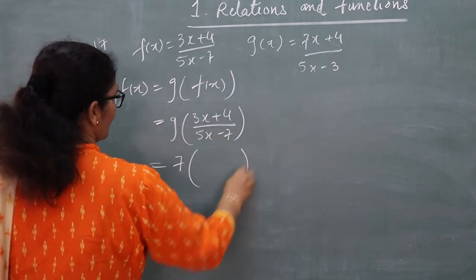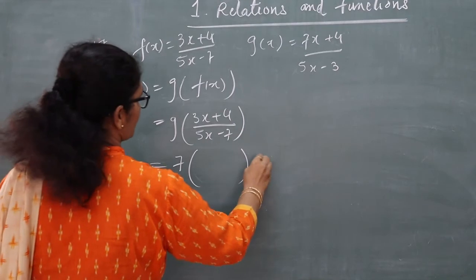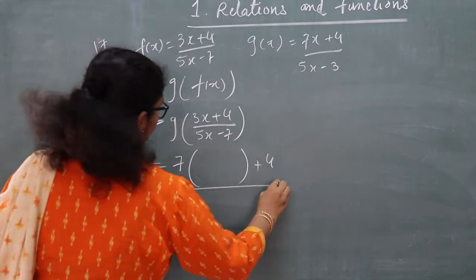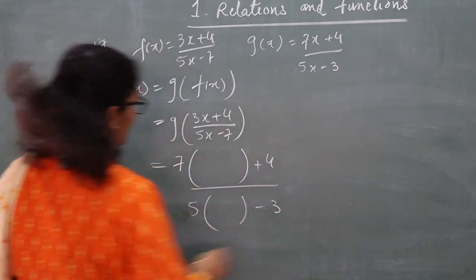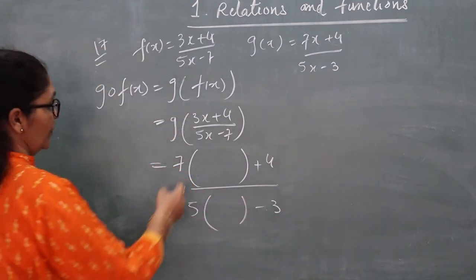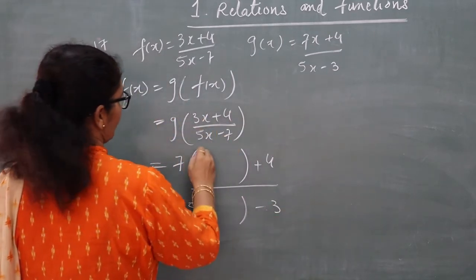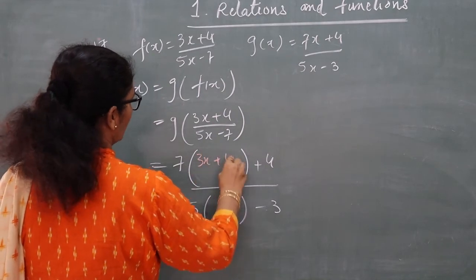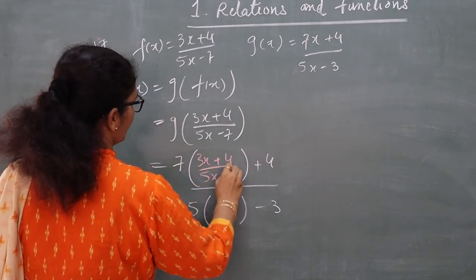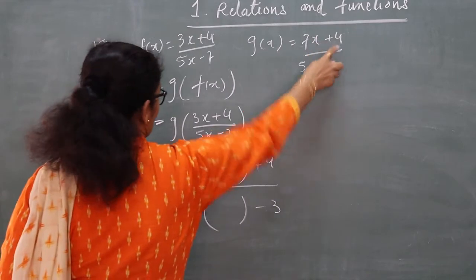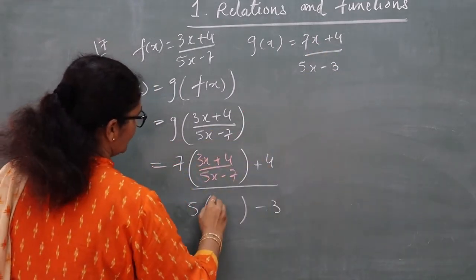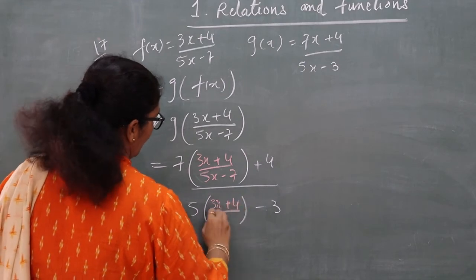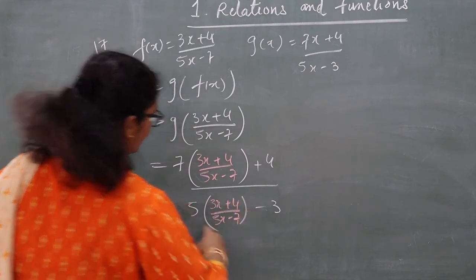In place of x we have to write this function. Our question is this: f(x) is (3x + 4)/(5x - 7) and g(x) is (7x + 4)/(5x - 3). So again we have written in the same manner.